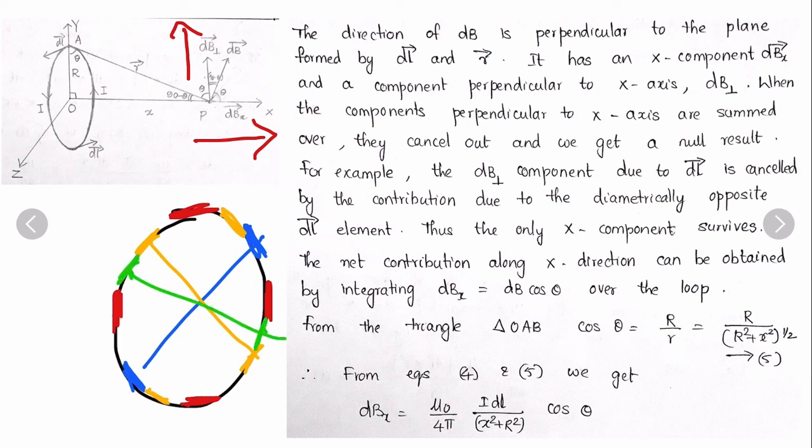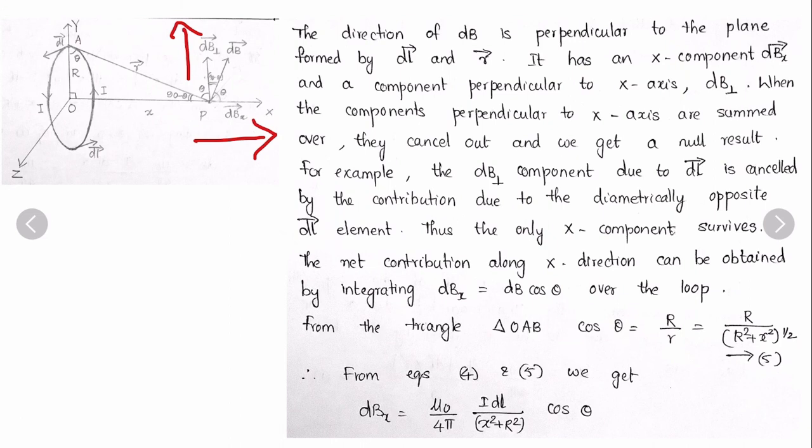So all these are opposite components. Their y components cancel out each other. All the y components cancel out each other. What will remain is only the x components. Therefore, the net contribution along the x direction can be obtained by integrating dBx = dB cos theta, because only x components will survive.